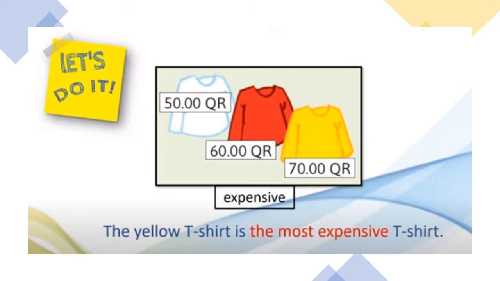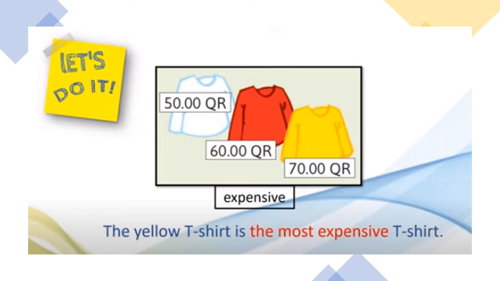Let's look at this picture and let's read the example. The yellow t-shirt is the most expensive t-shirt. As we notice here, we write the most before the adjective.